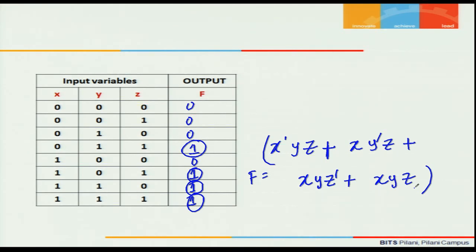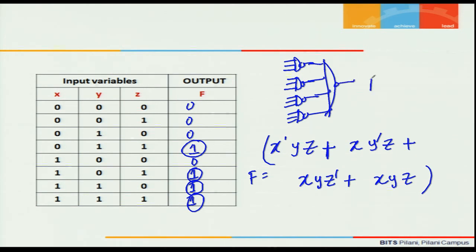For example, I will have 4 NAND gates here, because we need 4 min terms to be generated, whose outputs pass through a 4 input NAND gate, and the final output f will be the given function as per the expression given here.